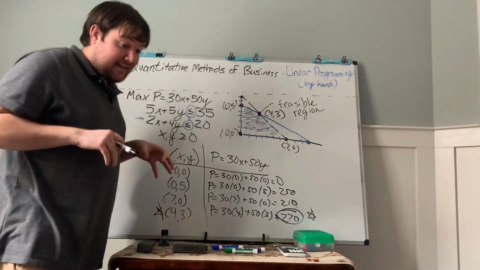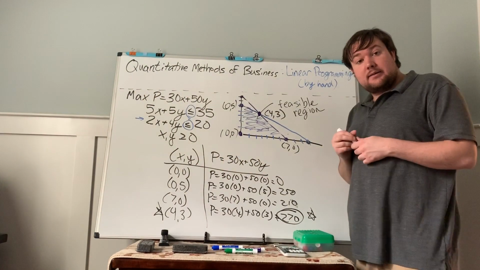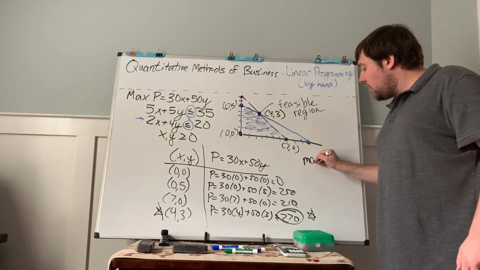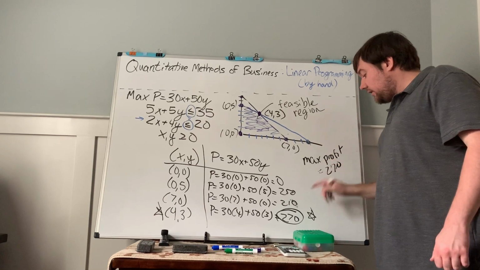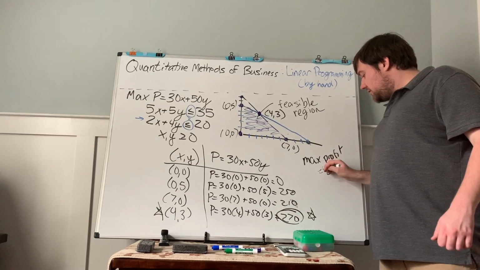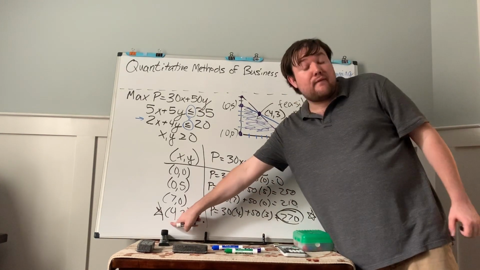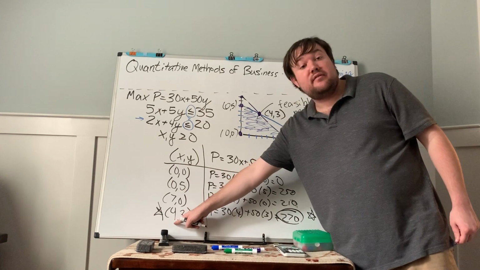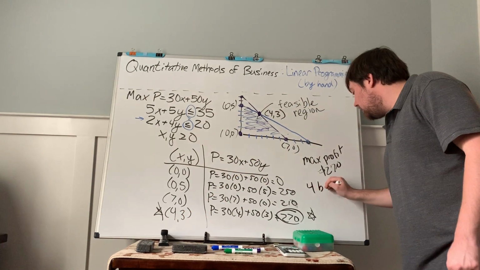So our final answer, having done all of that work, is we maximize profit. Our max profit is going to be $270. And that comes from selling 4 batches of bagels and 3 batches of donuts.